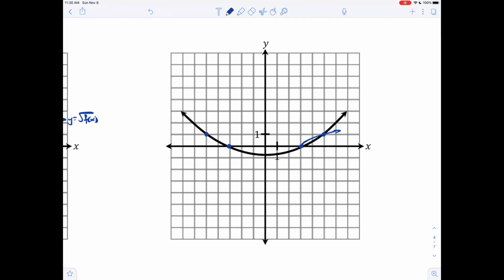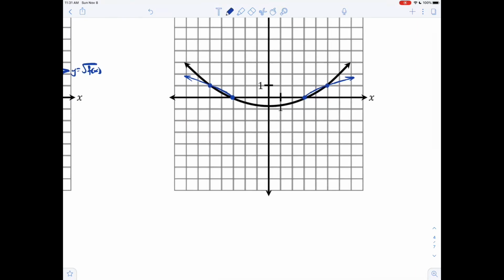Actually, it probably is a bit different from that. Not very much, but I'm willing to bet it's like that. And then we get my other side. And that's that. Hooray.